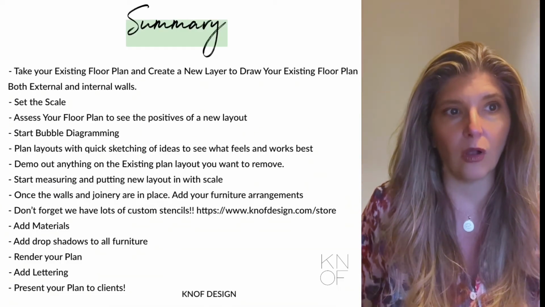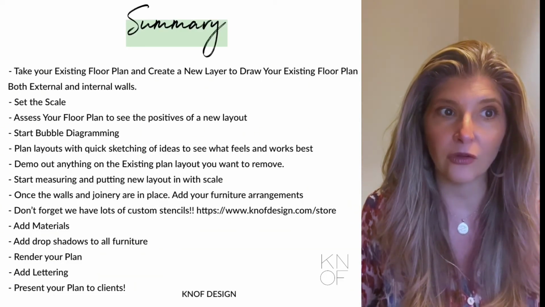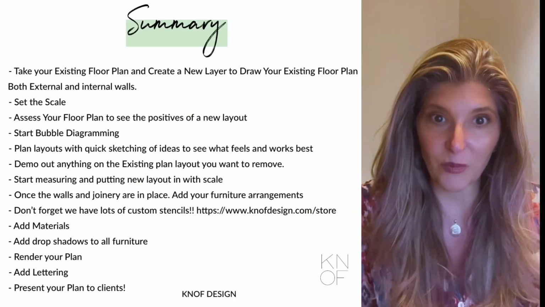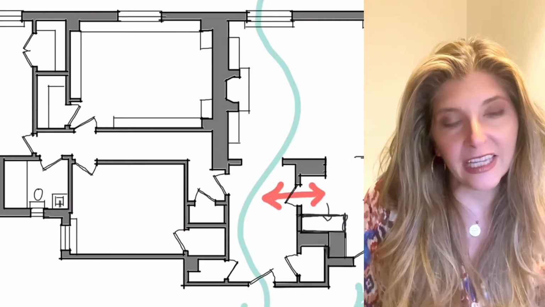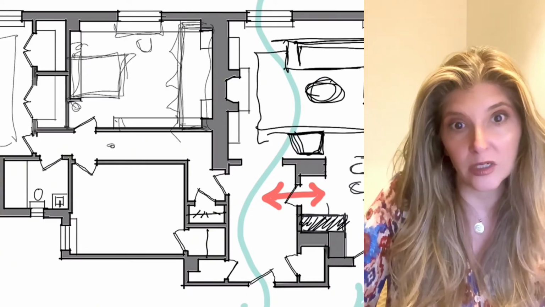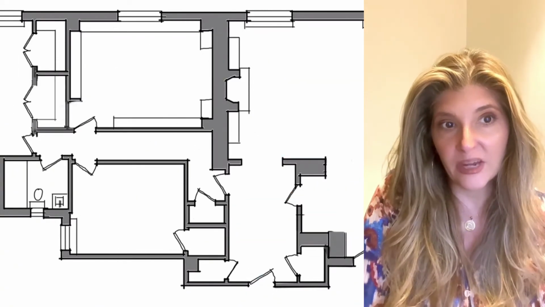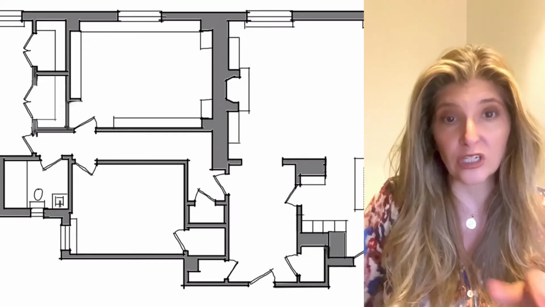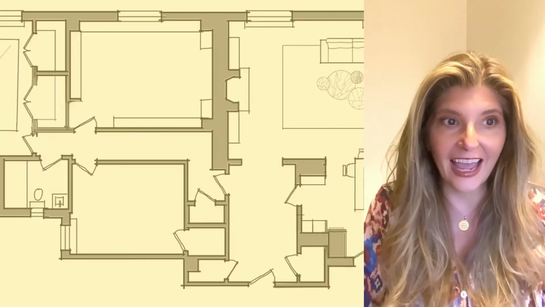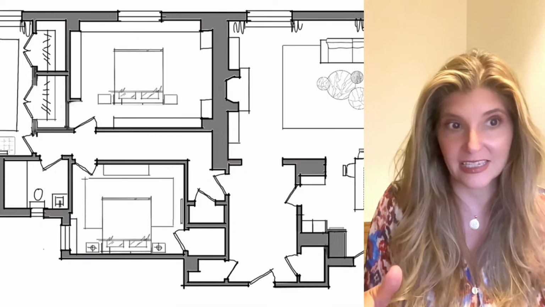We looked at the overall layout and found the positives of a new layout, and then start bubble diagramming. Next, we use some rapid sketching techniques to plan out a new layout to see what feels and works best. After that, we demoed out anything that we weren't going to use in our new floor plans, and then we started measuring and putting new layouts into scale.